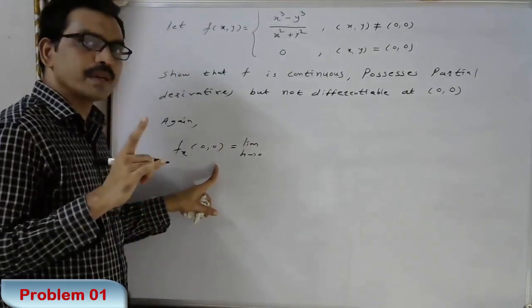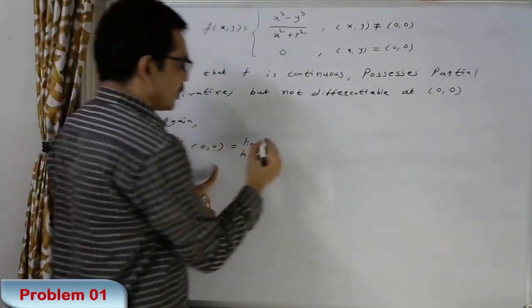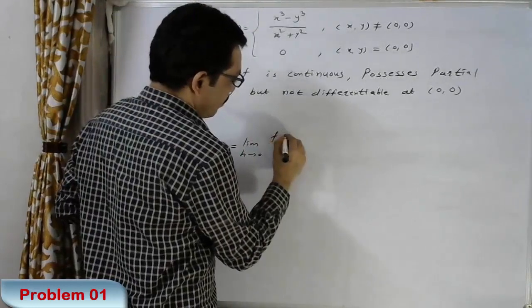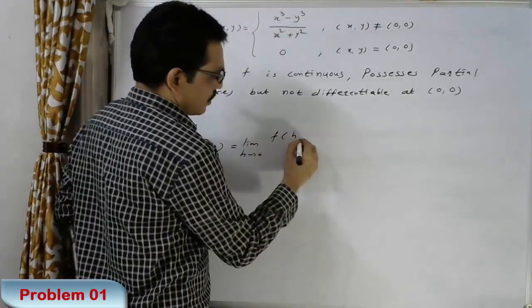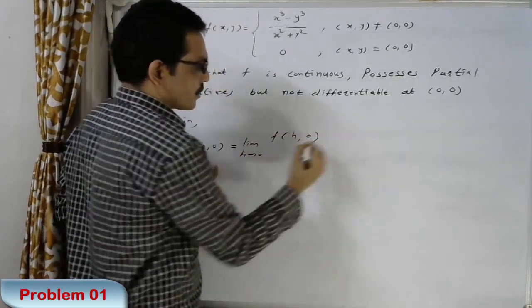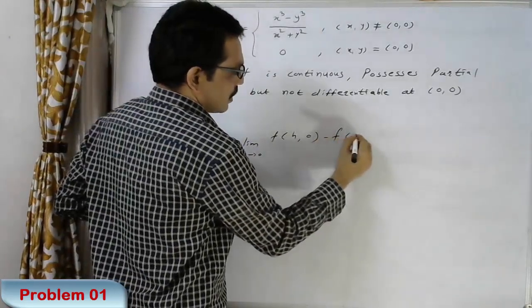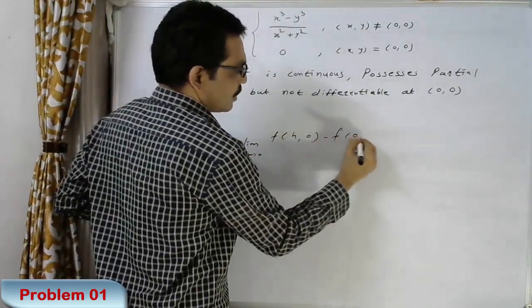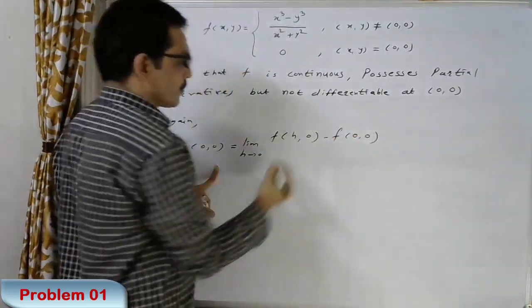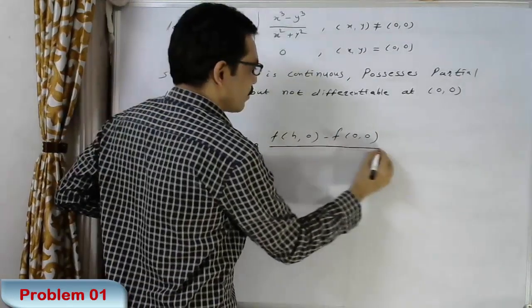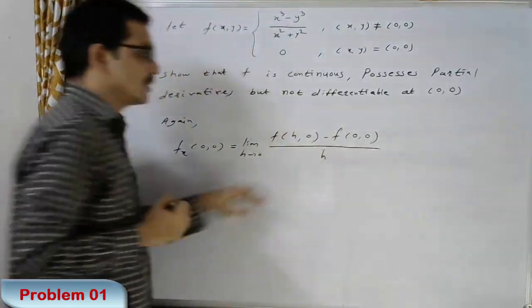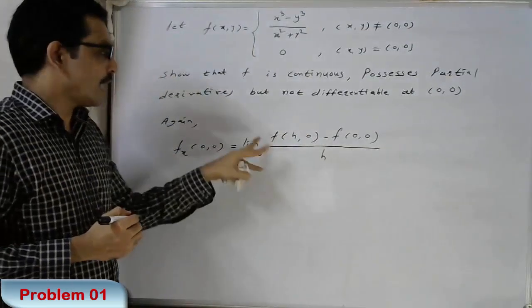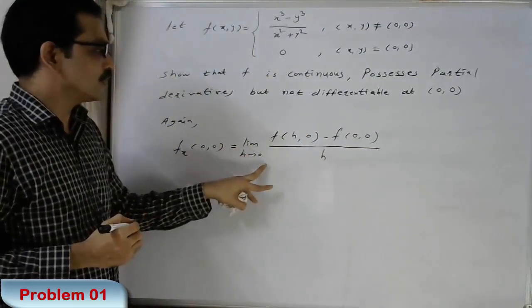Here a and b are 0, so we write f(h,0) minus f(0,0), divided by h.